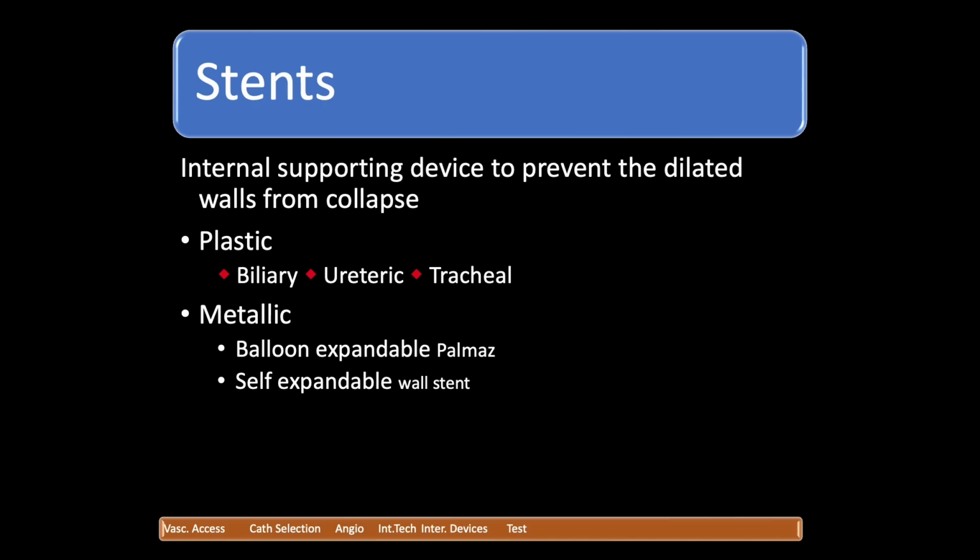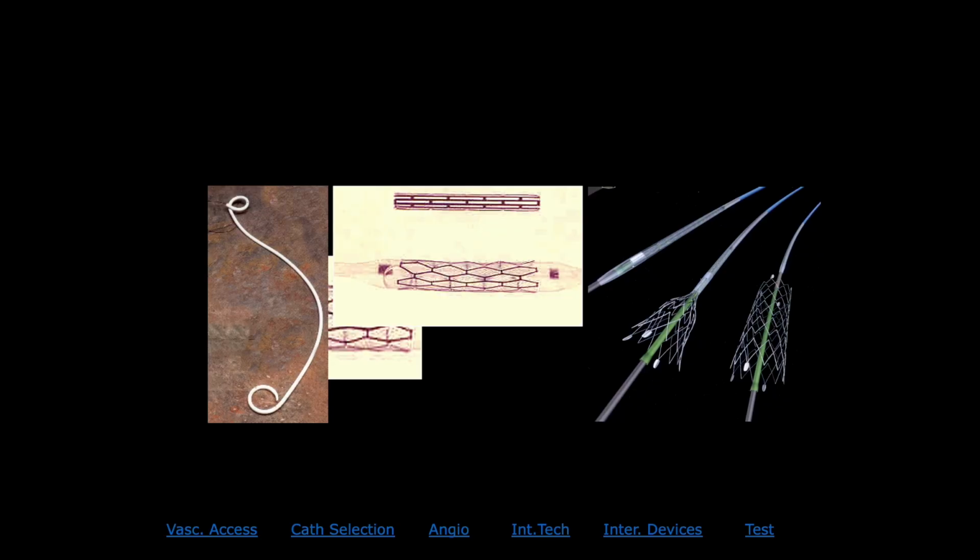Metallic stents are divided into two groups: balloon expandable stent, that is commonly used in cardiac applications, and then self-expandable one. What is the difference between these two? This is a plastic stent. First one is the plastic stent. Second one is the balloon expandable stent, where this is the stent.